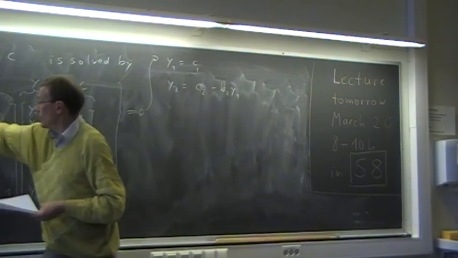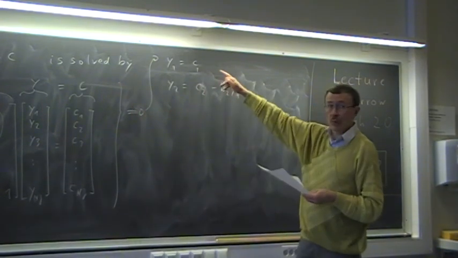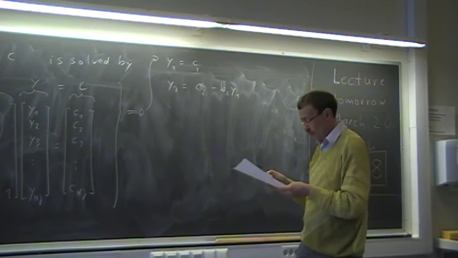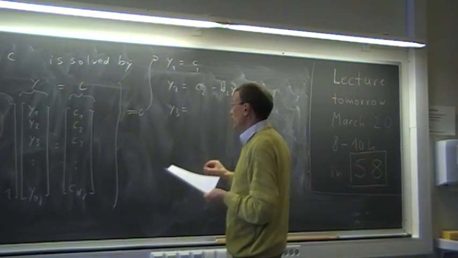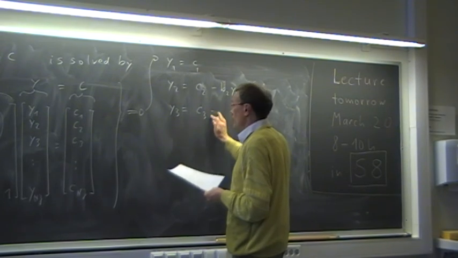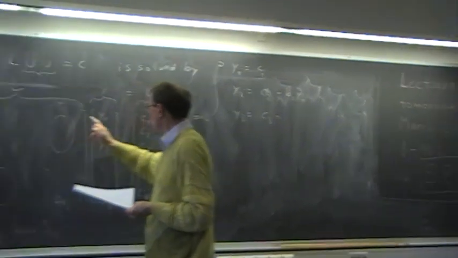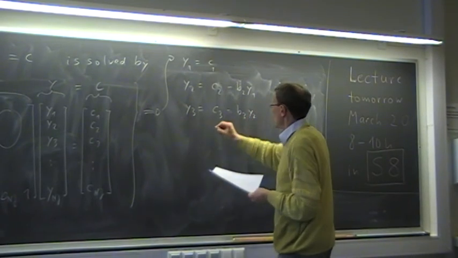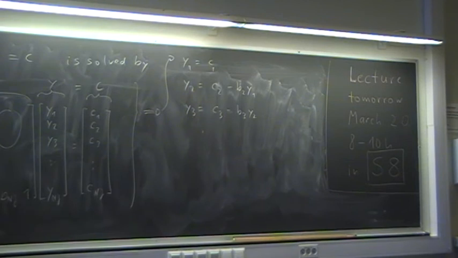So we do this times this, and the y1 is already determined, the c and the b's. And then the y3, if we take that as another example, that would be equal to the c3, and then we would have here the b3 times the y2, and so on. So that would be then the pattern that we get to solve for y.